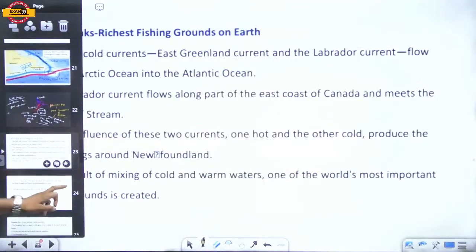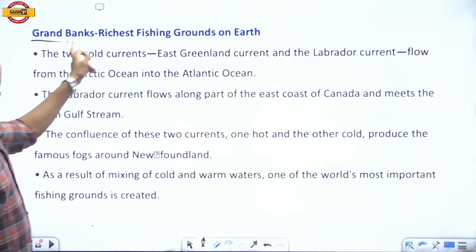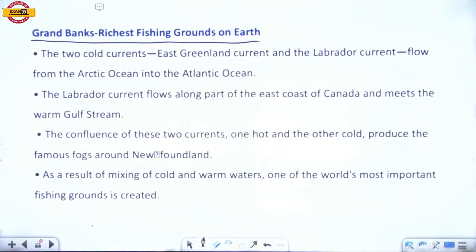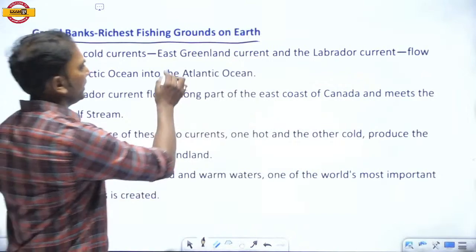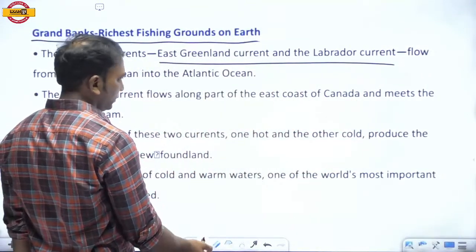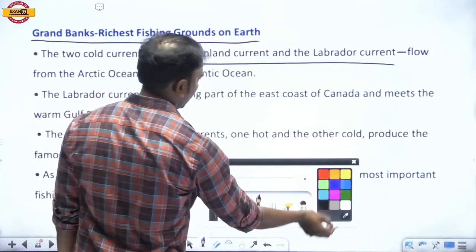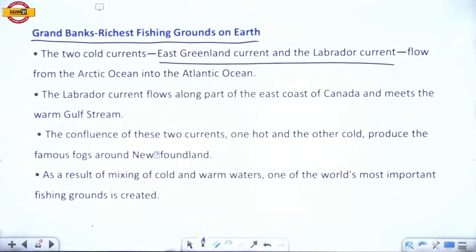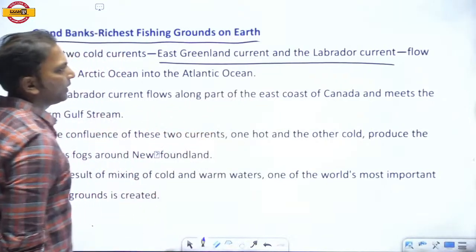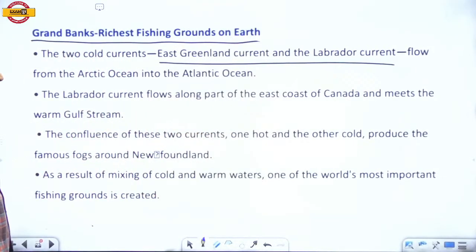Here are some more points about this. Grand Banks, richest fishing grounds on Earth. The two cold currents, the East Greenland current and the Labrador current, flow from the Arctic Ocean into the Atlantic Ocean. The Labrador current flows along part of the east coast of Canada and meets the warm Gulf Stream.